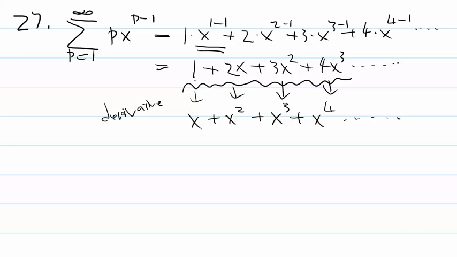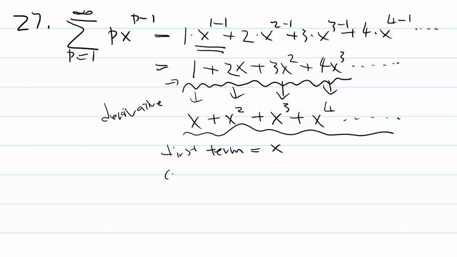So the whole thing right here can be the derivative of the sum of a series which starts with x. So the first term will be x, and the common ratio will also be x, because it goes from x to x squared by multiplying by x, and then from the second term to the third term it is also multiplied by x.